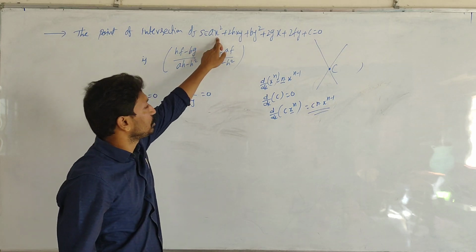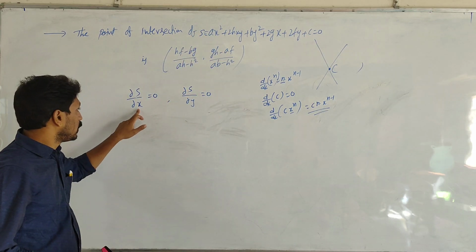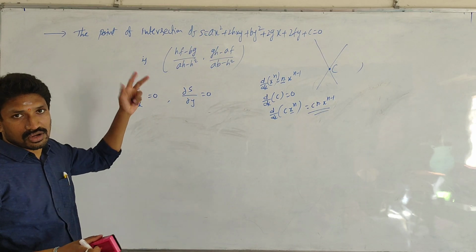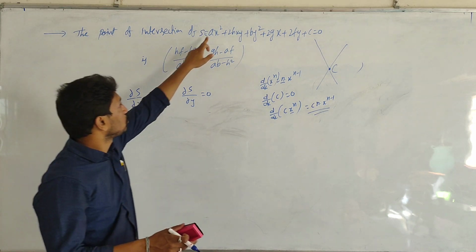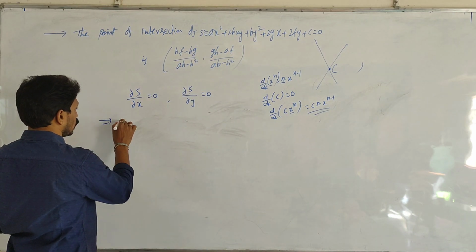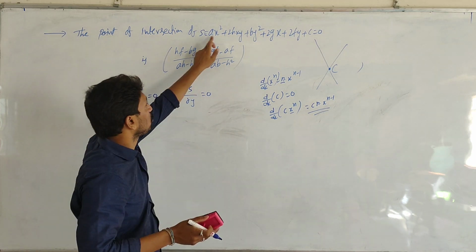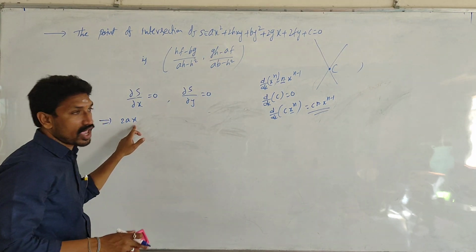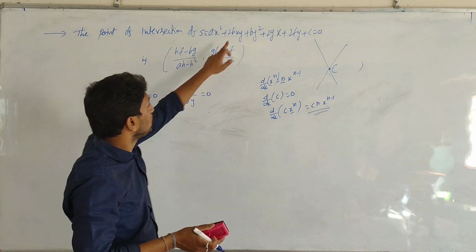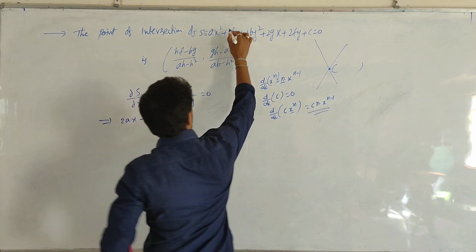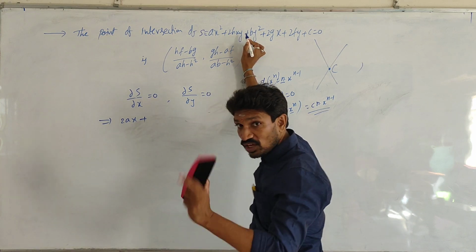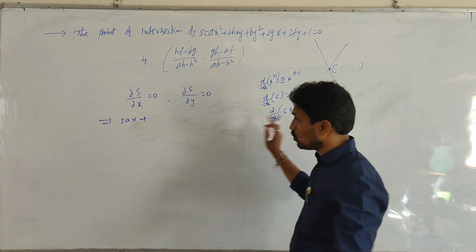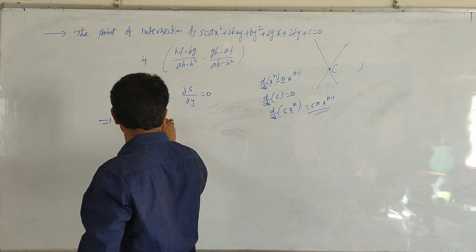So this has to be differentiated with respect to x, partial differentiation, so all terms except x terms are zeros. Ax square gives 2ax, because a is the constant and x square differentiation is 2 into x power 2 minus 1. That is 2ax, plus here 2hxy is there. Here 2h and y, these three are constants like c, so you write 2hy here.